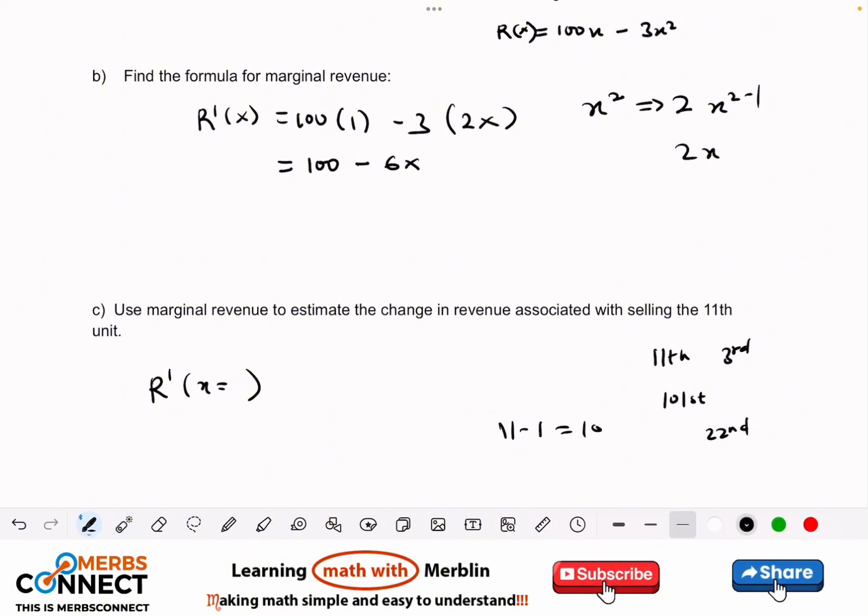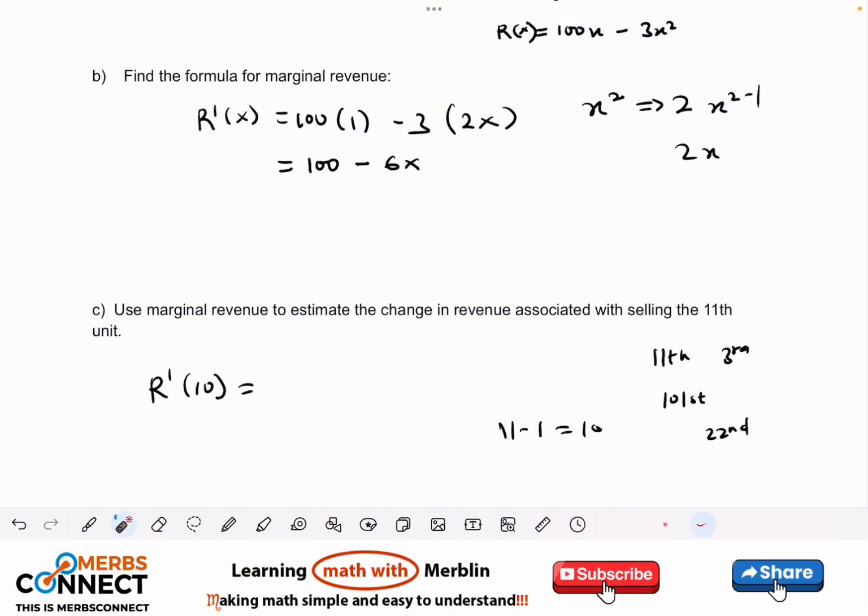But let's assume that they said selling X is equal to 11. Then we don't need to subtract any 1, because this is the X straight, X is equal to 11, so I need to plug in 11 here. But because it is not X equal to, and I have the 11th, then I need to subtract 1. So when I subtract 1 from 11, I'm going to have 10.